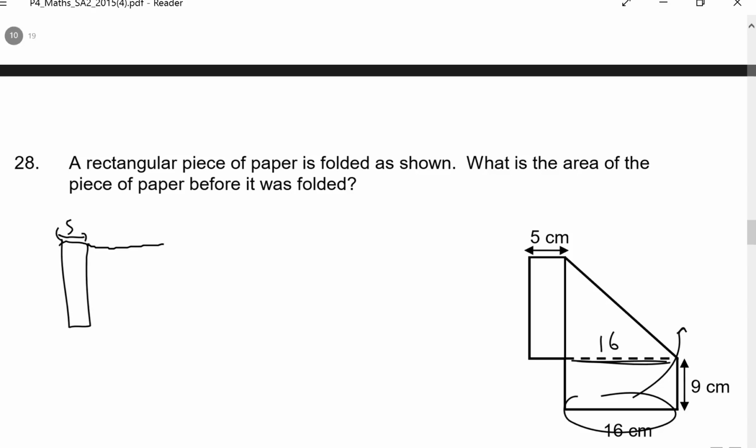When you unfold it back, this becomes a square. Doesn't look like a square to me. Okay, the triangle, when you unfold it back, it becomes a square. And the square of side 16, meaning sides on top also 16. Then you have the 9 over here.